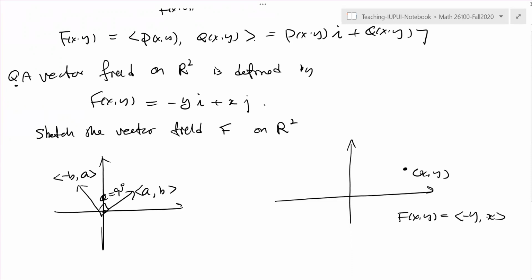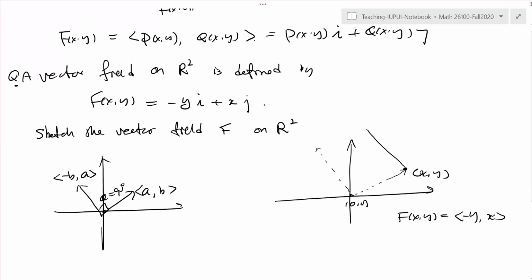Now, how do you describe this vector? First of all, you draw a vector from the origin to the endpoint. Then you have to draw the vector (negative y, x), which is going to be this one. It starts not from the origin but from the point with coordinates x and y.